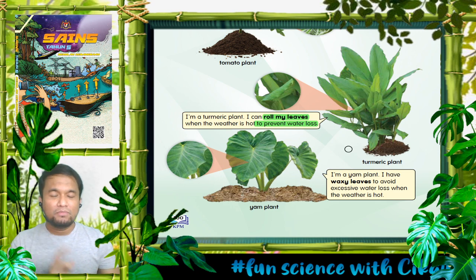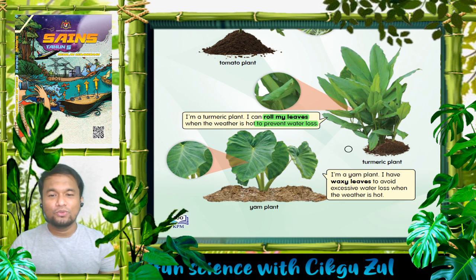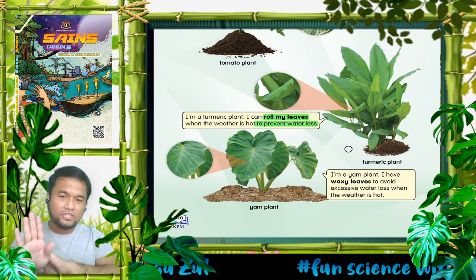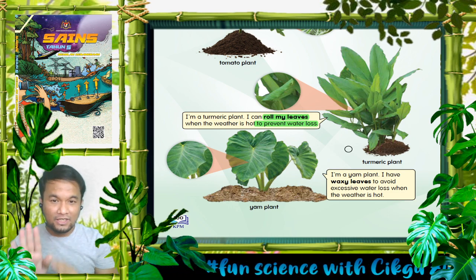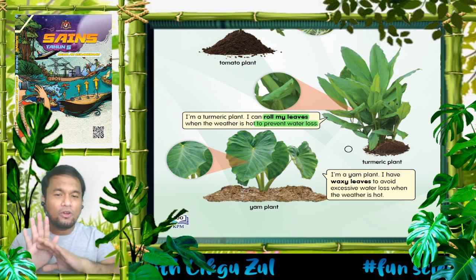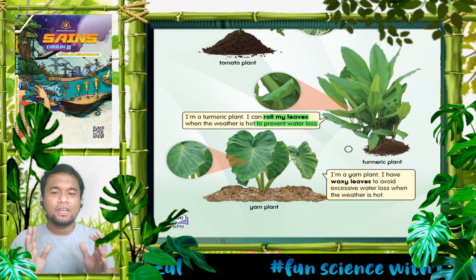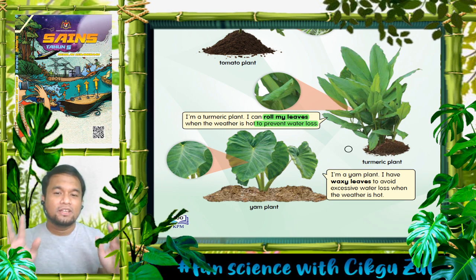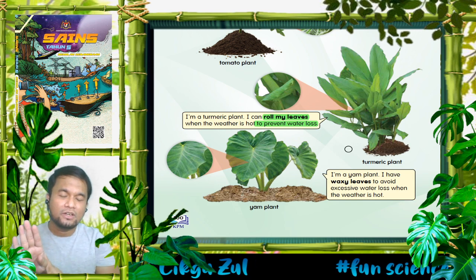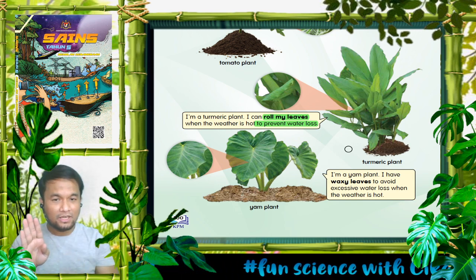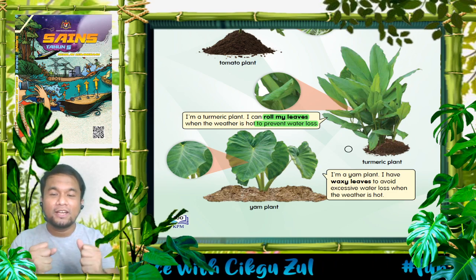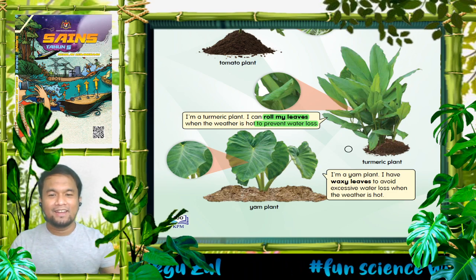If you still remember, just now I explained to you, bila daun dia besar, when it has a large area of the leaf, itu akan menyebabkan water loss increase. But how do they reduce the water loss? They roll the leaf so that the surface area or the size of area for the leaf is reduced. Jadi dapatlah dia mengurangkan air itu untuk keluar.